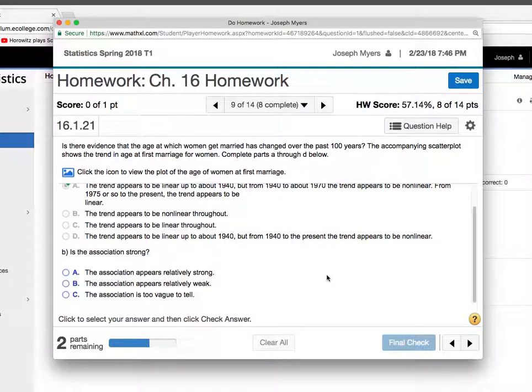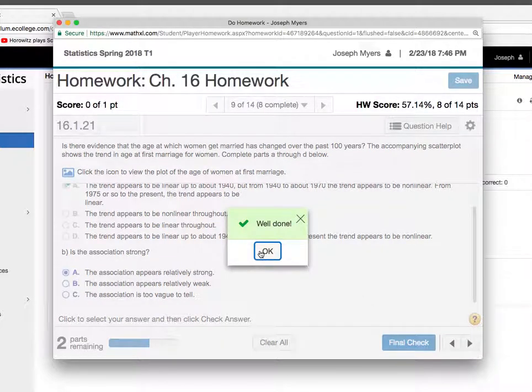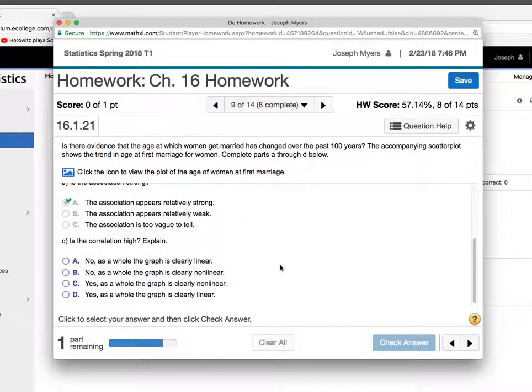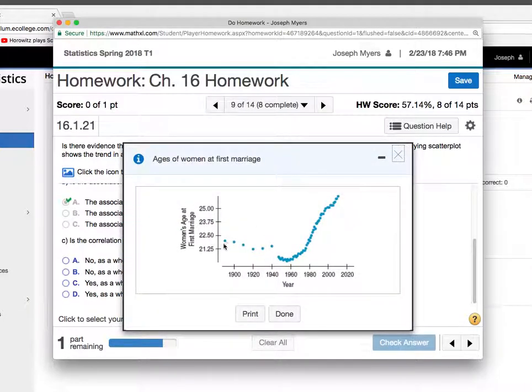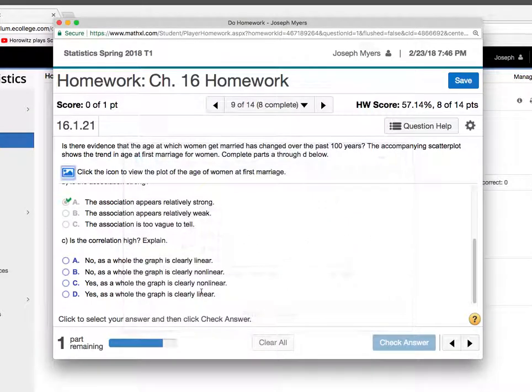I would say the association is pretty strong. So I would say as a whole the graph is not linear. There's no straight line that fits all the way from this point all the way to that point and goes through all the other points. So it would have a low correlation because it's non-linear as a whole.